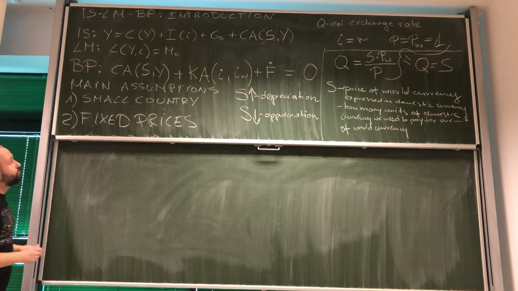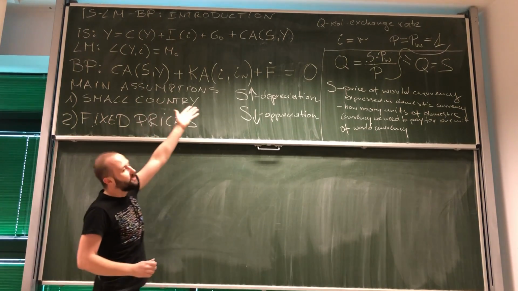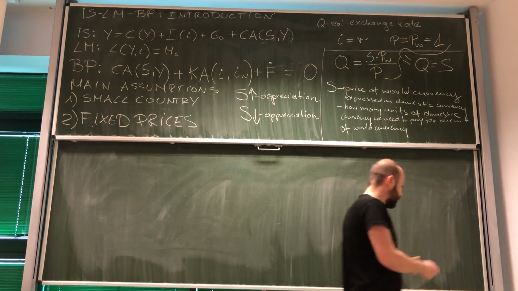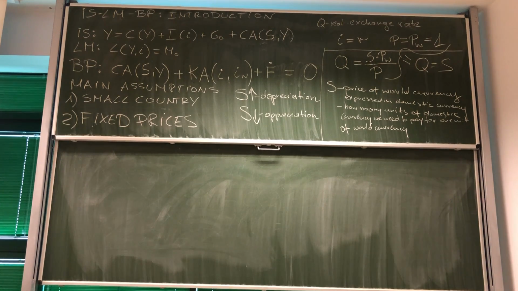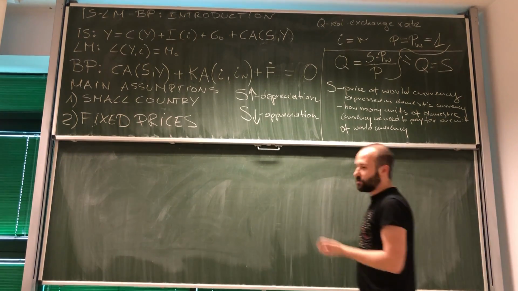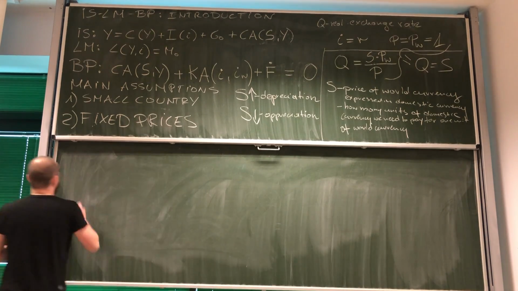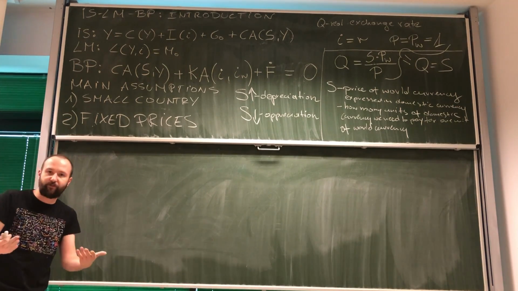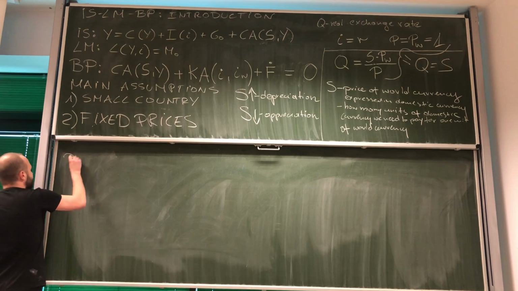So you see, I've written it as a general function of nominal exchange rate and income. So let's calculate the partial derivatives. Well, let's assume the signs of partial derivatives, to be perfectly honest.